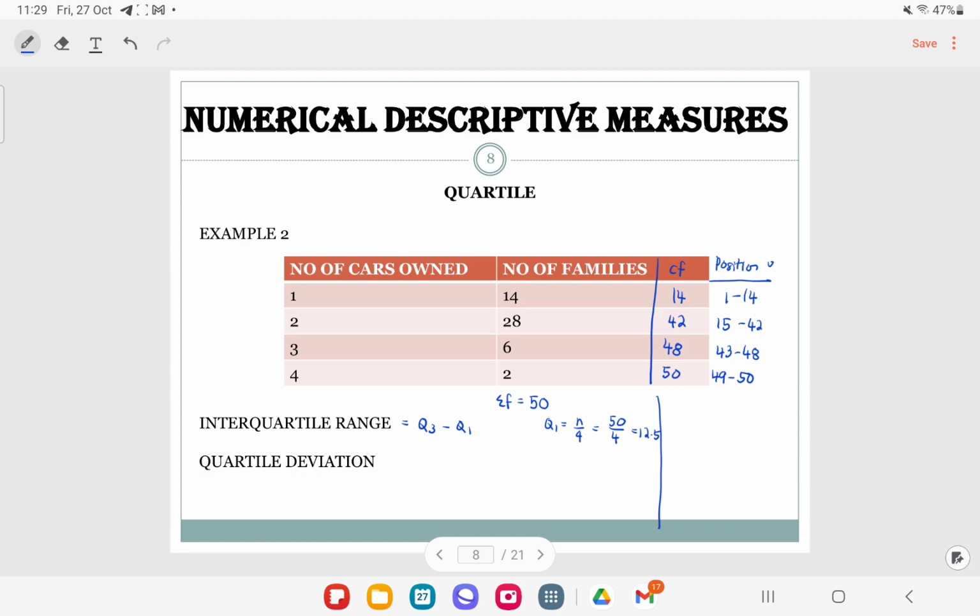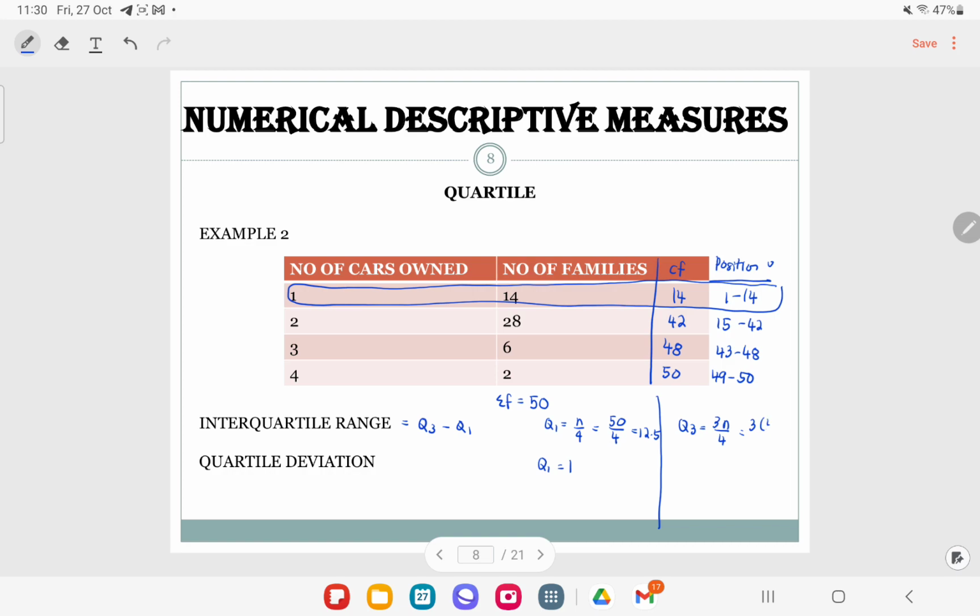So 12.5 falls into this value. So the first quartile is 1.